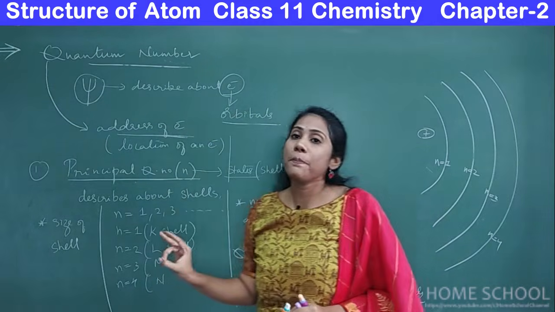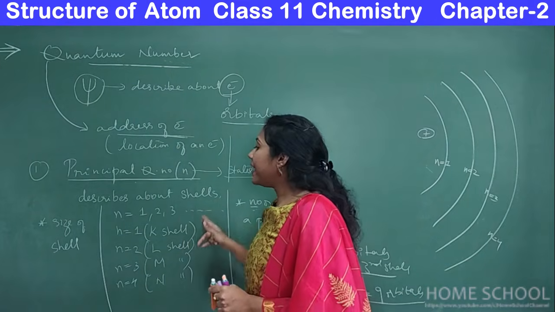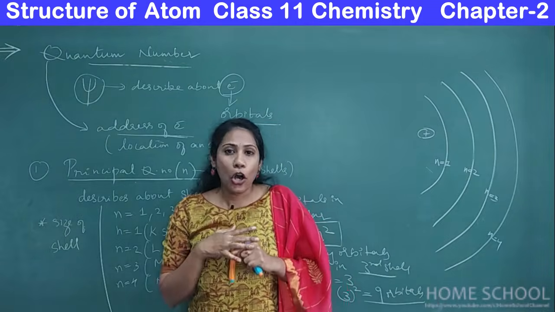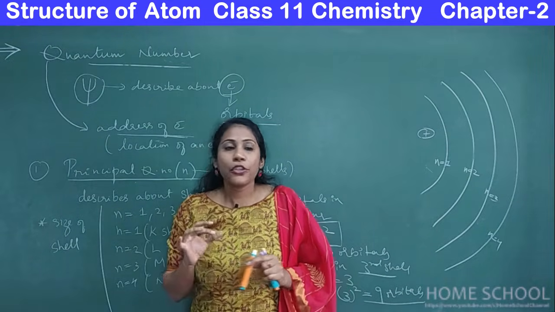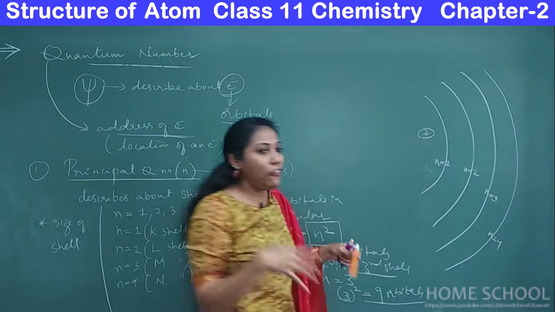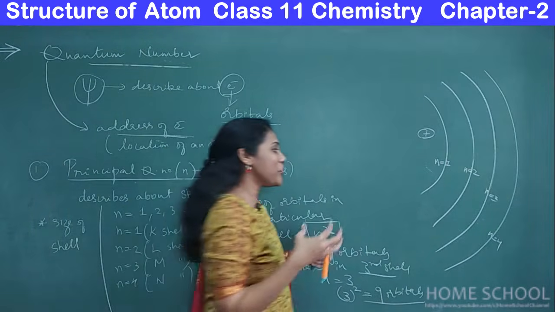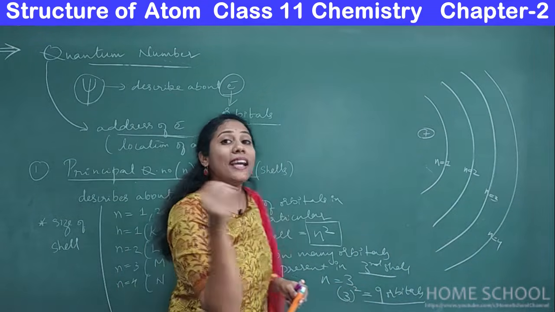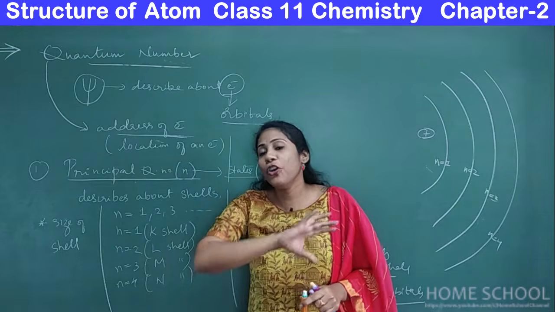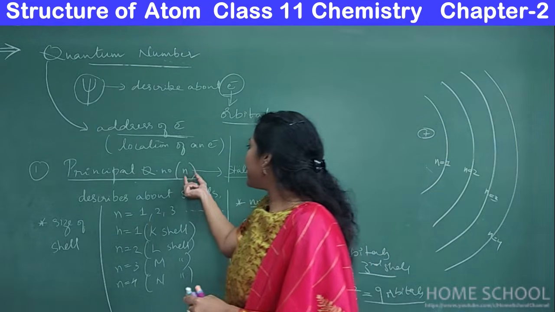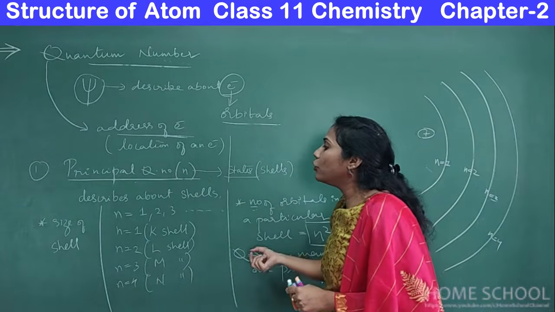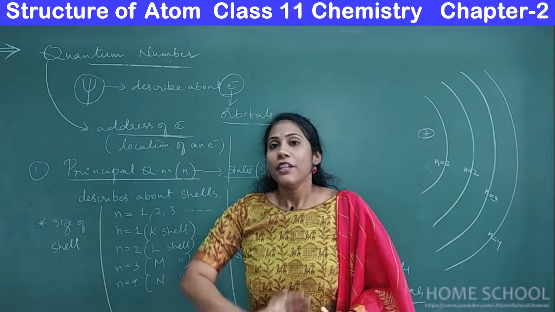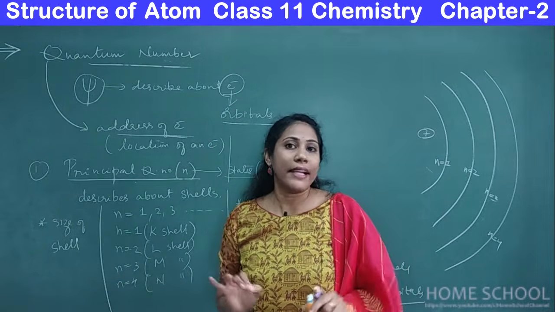So this principal quantum number will also give an idea about how small or how big the shell or orbital is. Usually the bigger shells will have bigger orbitals. If the shell is very big in size, the orbitals inside it are also quite bigger. So indirectly, the principal quantum number, that is the n value, will give an idea about the size of a shell also. Okay, so this is all about the principal quantum number.